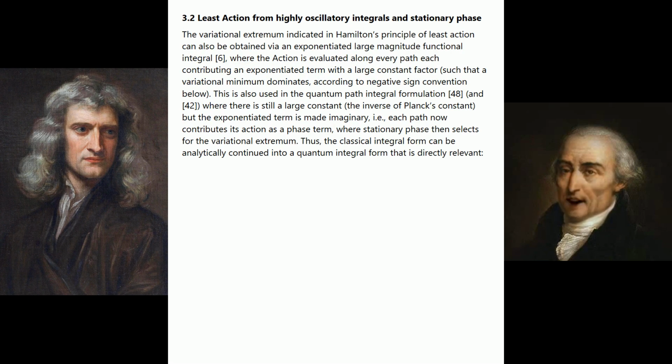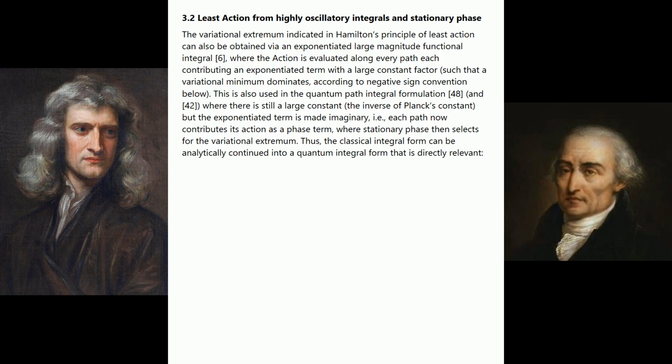3.2 Least action from highly oscillatory integrals and stationary phase. The variational extremum indicated in Hamilton's principle of least action can also be obtained via an exponentiated large magnitude functional integral, where the action is evaluated along every path, each contributing an exponentiated term with a large constant factor, such that a variational minimum dominates, according to negative sign convention below.